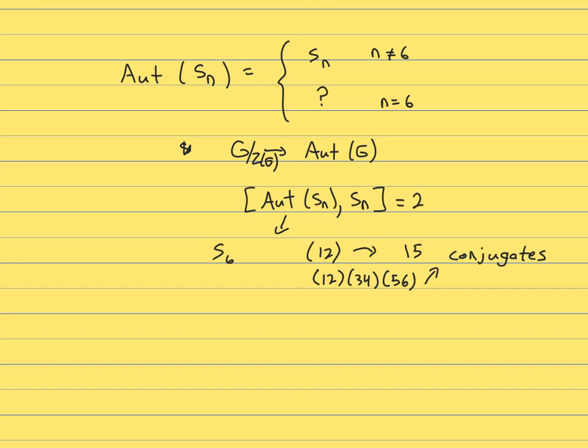So the only way there's a non-trivial automorphism is if you have one that induces a non-trivial permutation of the conjugacy classes. In particular, we need something that replaces one of these adjacent transpositions with one of these triple transpositions. And it turns out such an outer automorphism actually exists, and it's kind of cool.